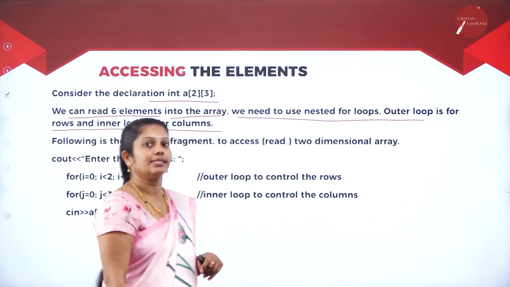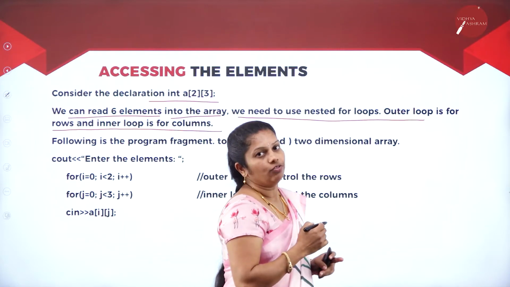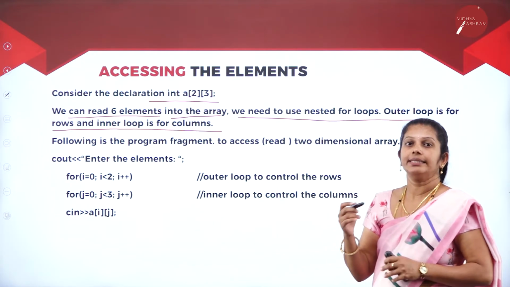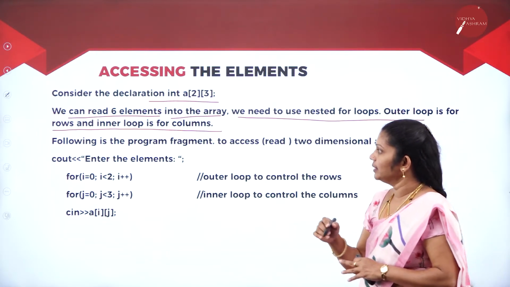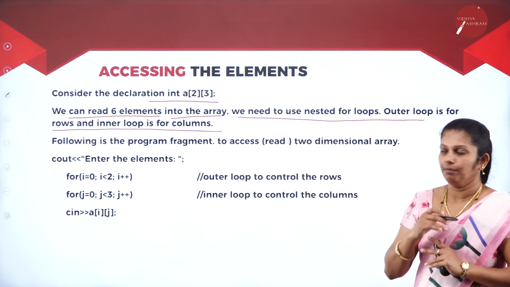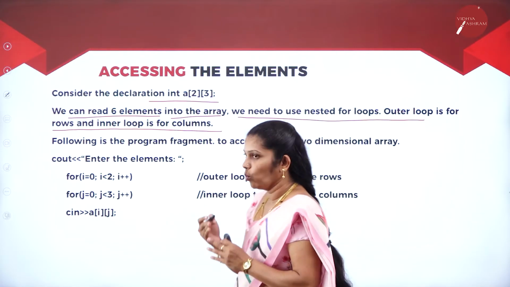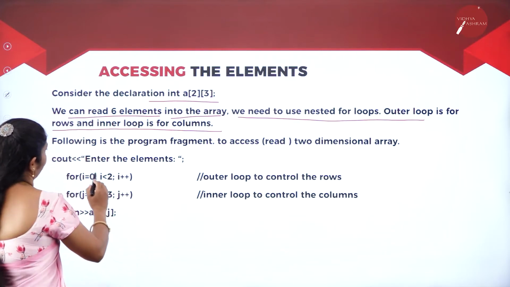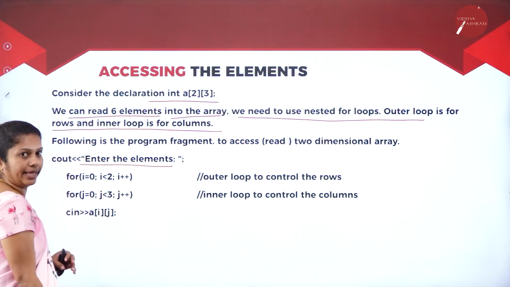What do you mean by nested for? Inside one for loop, if you have one more for loop, then it is called a nested for loop. Here, the following program segment is written. For example, if I want to read two-dimensional array elements, then first we will write enter the elements.